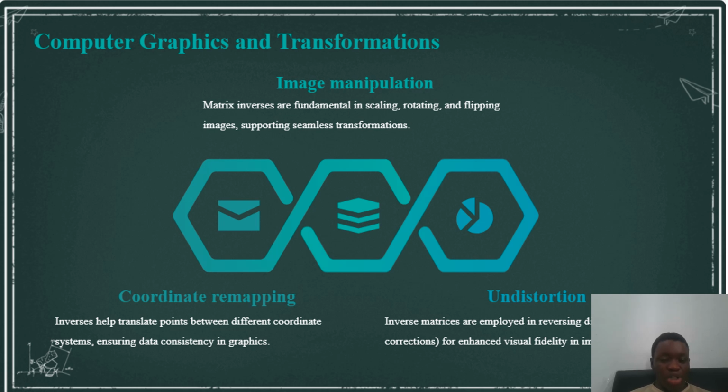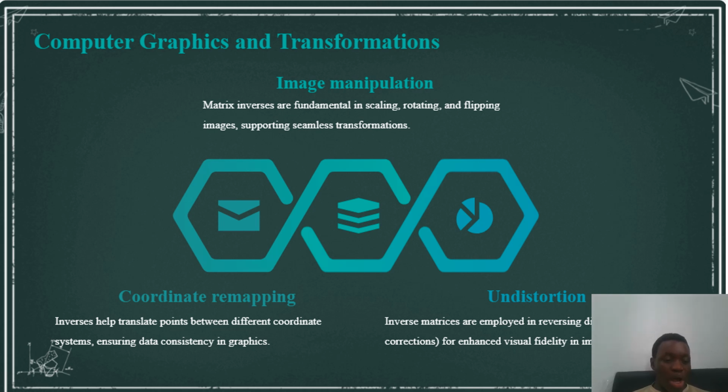In image manipulation, we use matrices to transform images, like scaling or rotating, and the inverse lets us undo those changes accurately. In coordinate remapping, inverse matrices allow us to move between different coordinate systems while keeping positions consistent.